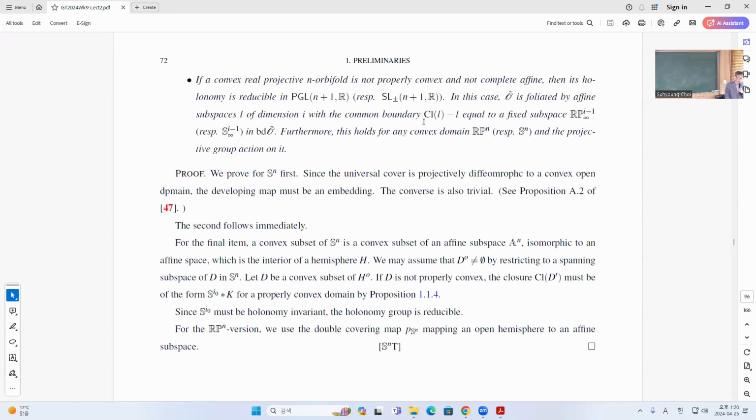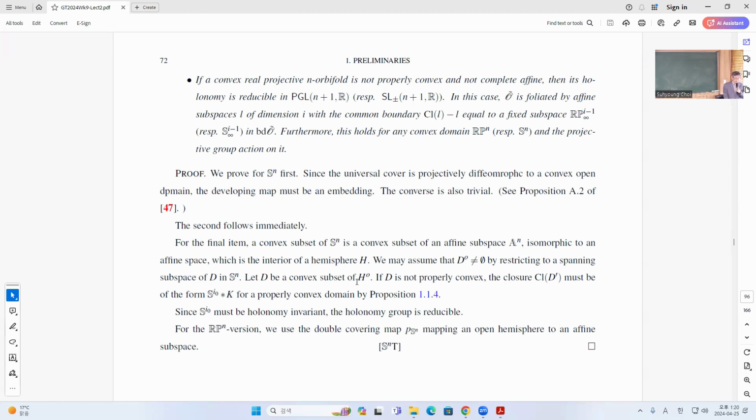And suppose it's not properly convex and not complete affine. So the complete affine case is when the development is a portion of a complete affine patch, so in that case it has an affine structure. But suppose it's not, then the holonomy is actually reducible and is not fully affine space of dimension i with the common boundary. Okay, so some fixed subspace in here, and this holds for any convex domain and projective group acting on it.